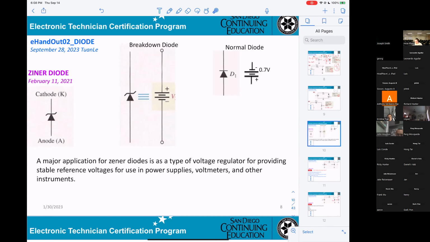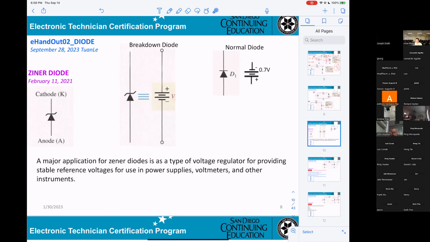Now the next one, breakdown voltage. When the Zener reaches breakdown, you substitute the Zener with a battery at the breakdown voltage. Like I just told you about 10 volt, then this will be 10. If you buy a Zener with breakdown 5 volt, then that will be 5 volt.